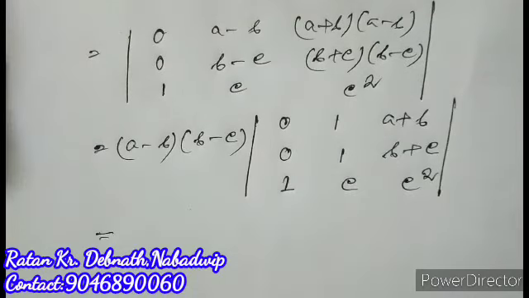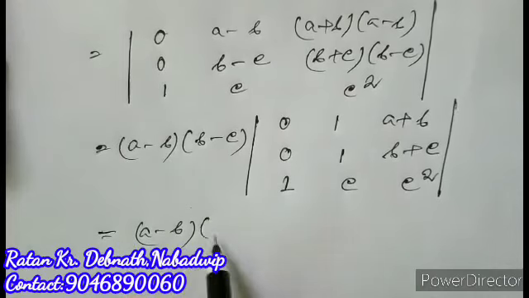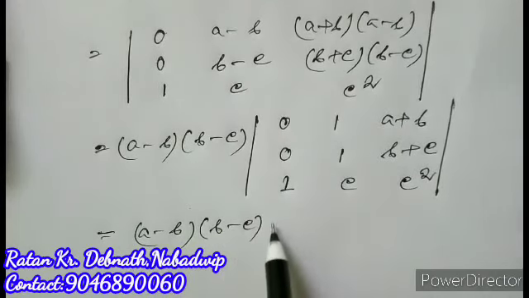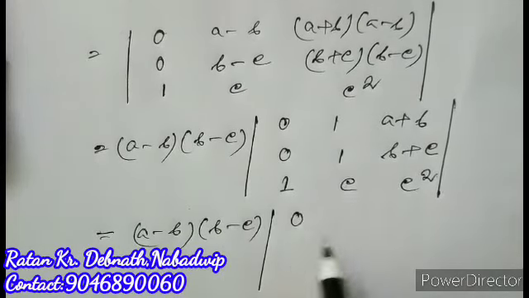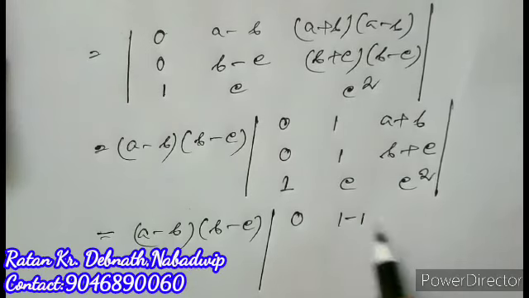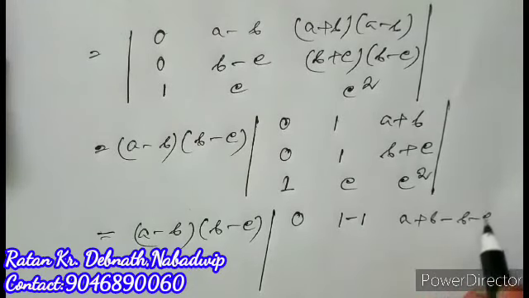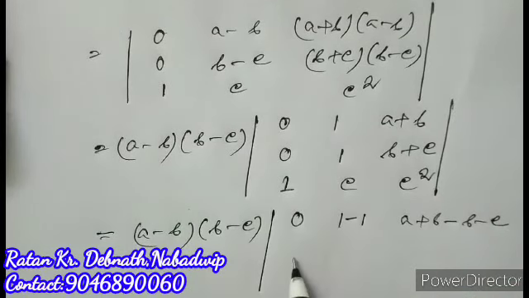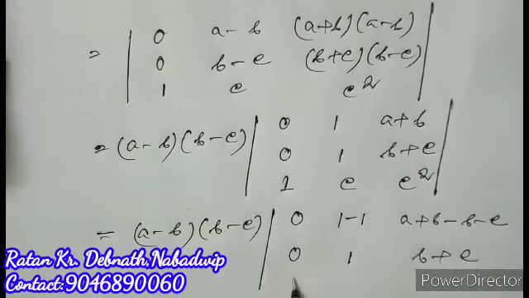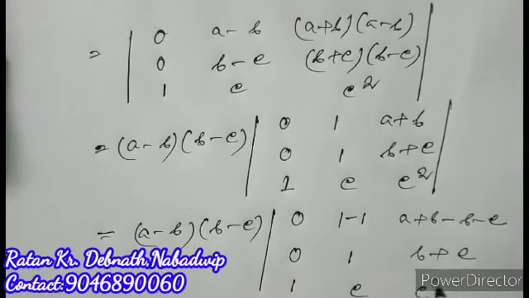Now I will do another determinant operation: 0, 1, minus 1; a plus b, minus c; 0, 1, b plus c; 1, c square.